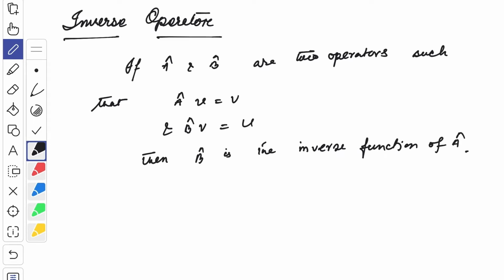That is the definition of the inverse operator. Similarly, a cap will be called the inverse of b cap. That's why b cap can be written as a inverse.